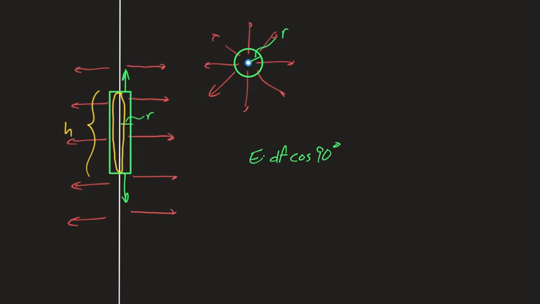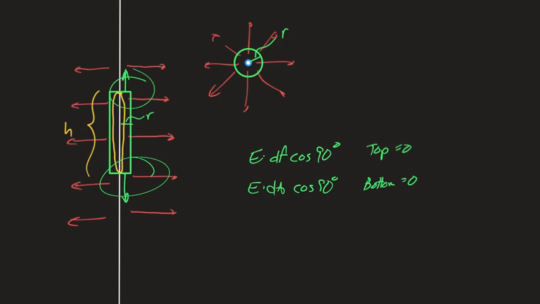No field lines pass through the top. And at the bottom, E dot dA cosine 90 degrees. Again, the direction of the area and the direction of the electric field are perpendicular to each other, so there is no flux passing through them. Are we good? That's why we chose a surface like this, so we can make it something that would integrate easily. So the top, 0, and the bottom, 0.